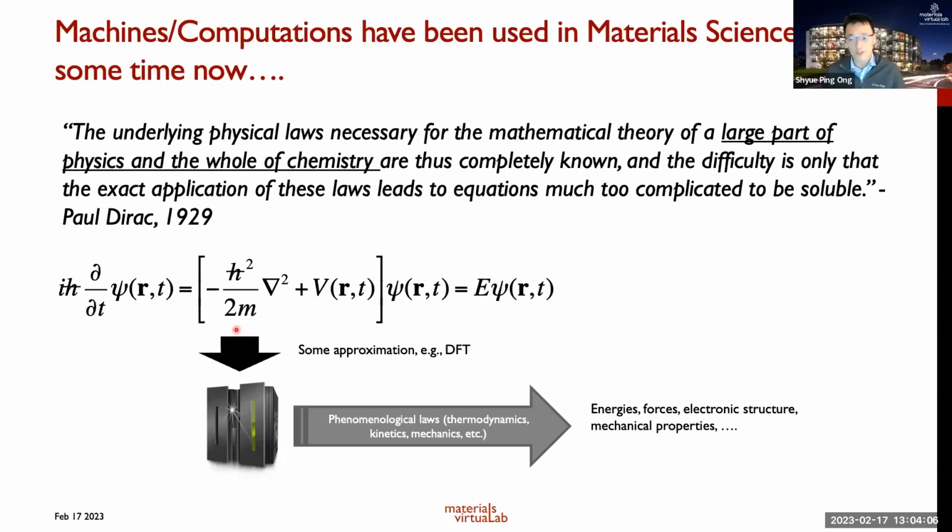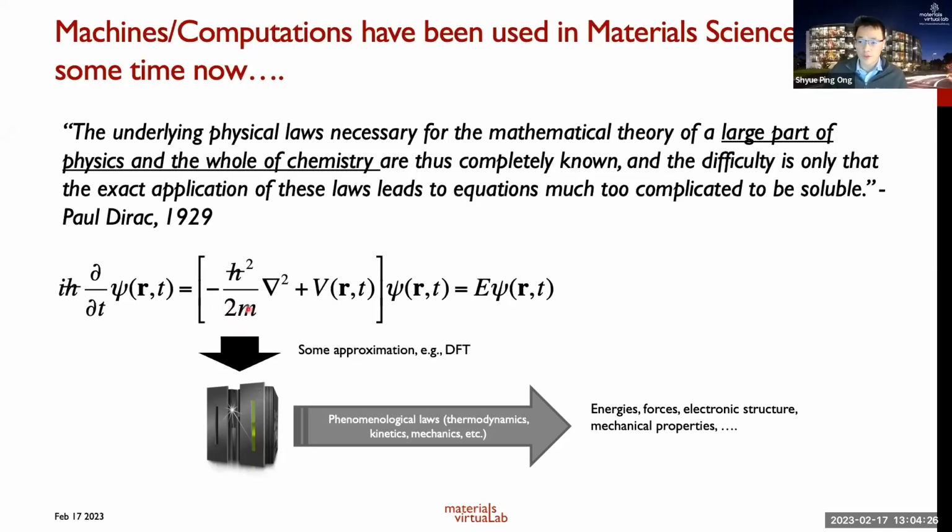The only difficulty is applying them to make predictions, right? Of course, the underlying physical law that he was talking about is the Schrödinger equation, and that equation governs the properties of all materials, right?